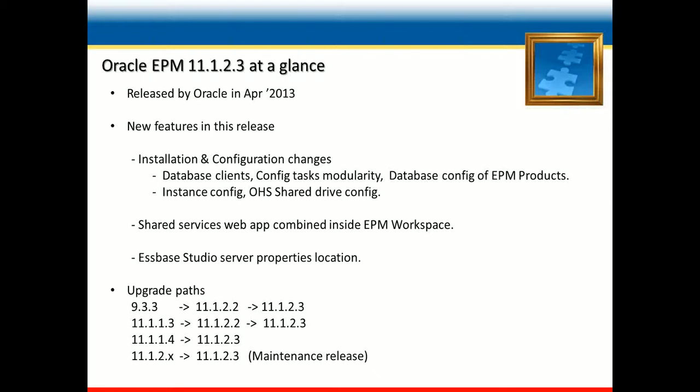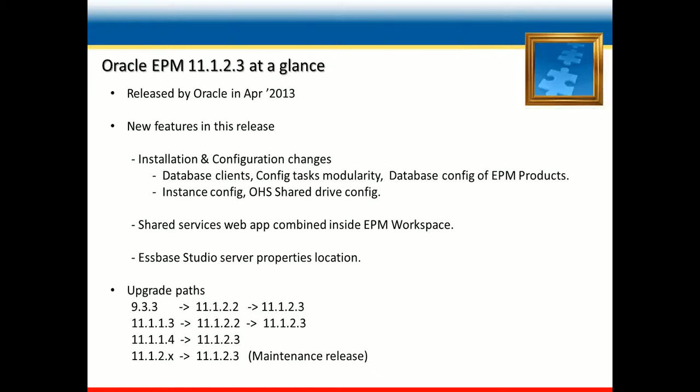For database schema configuration for EPM products, in this release we see only one single screen wherein we can configure all databases for all products in the EPM deployment. After the configuration, we can reconfigure and remove the Oracle EPM instance in this release.